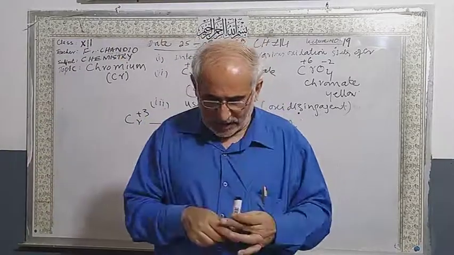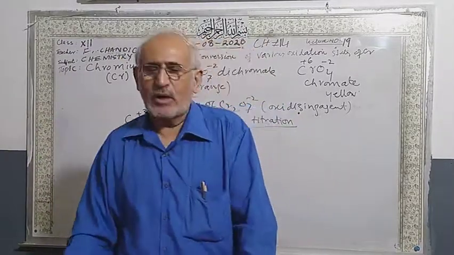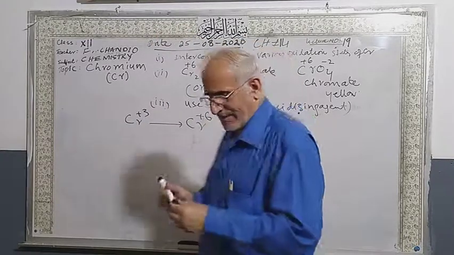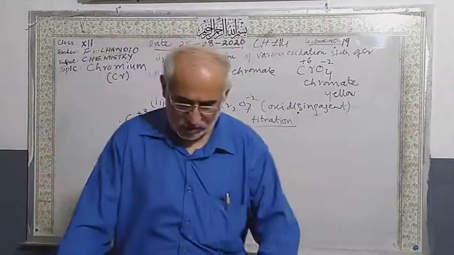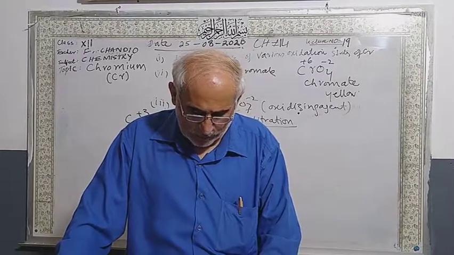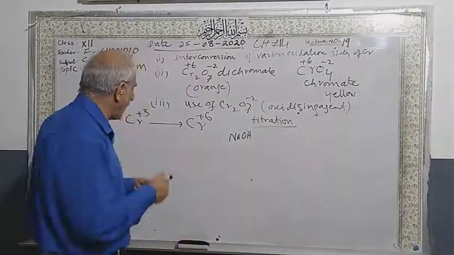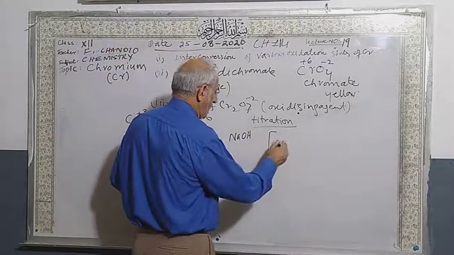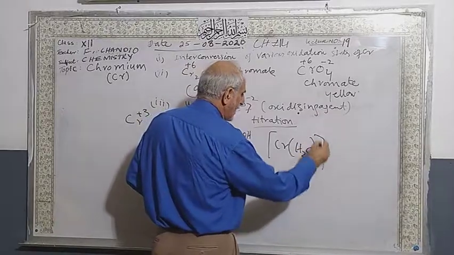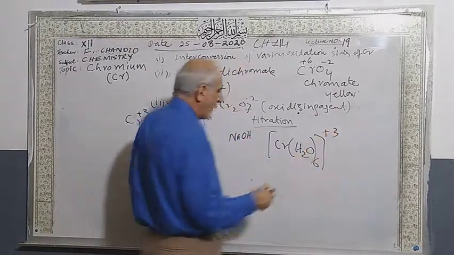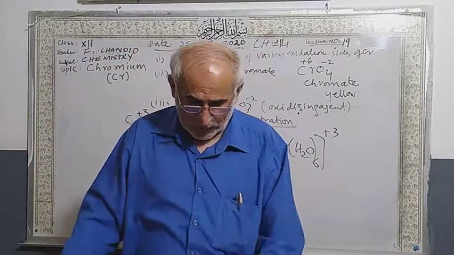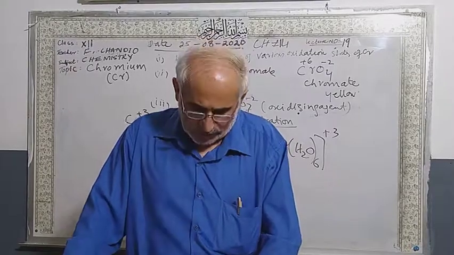When an excess of sodium hydroxide is added to the solution of hexa aqua chromium 3, you must know the nomenclature, the hexa aqua chromium 3 is going to be changed by the addition of sodium hydroxide.